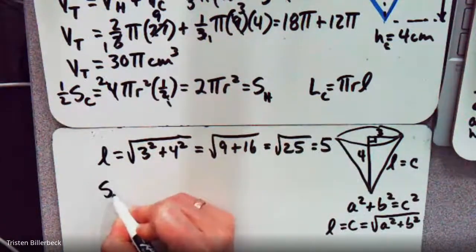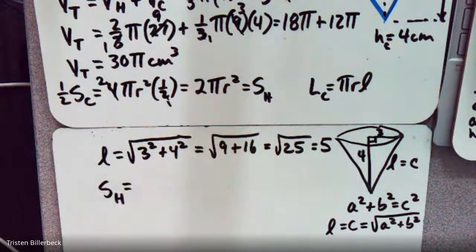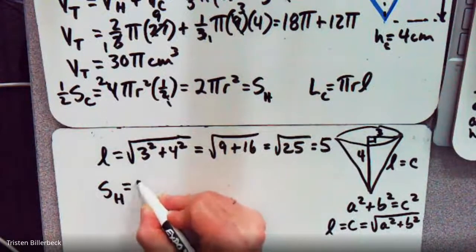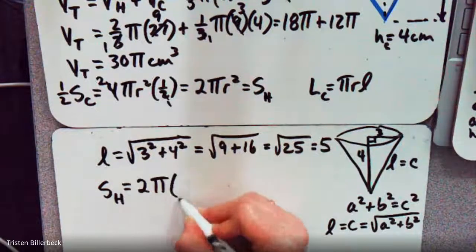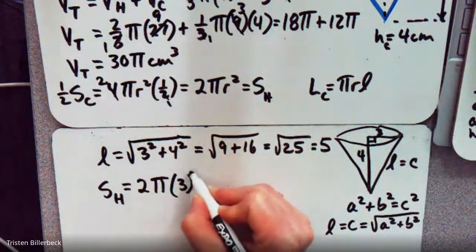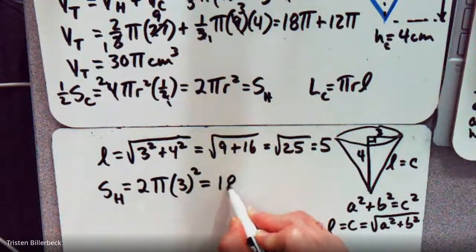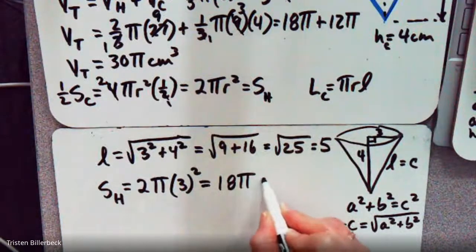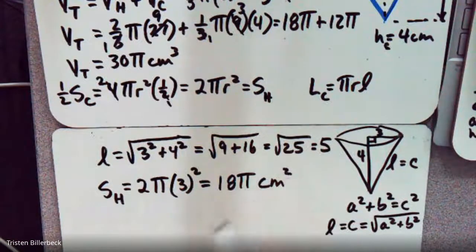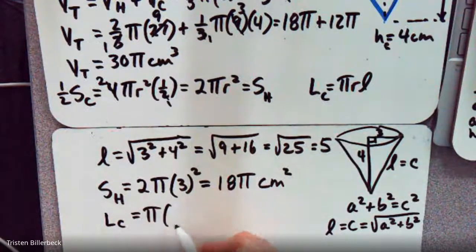Let's go back to the surface area of our hemisphere, because we have everything we need for that. So 2 times pi times 3 squared, which is 9, 2 times 9 is 18 pi centimeters squared. We're not doing the total surface area of the cone, we're doing the lateral area, which is pi times the same radius, 3, times L, which is 5.